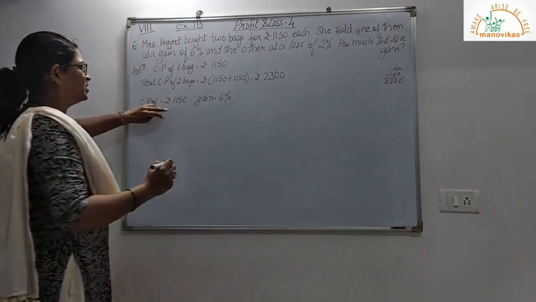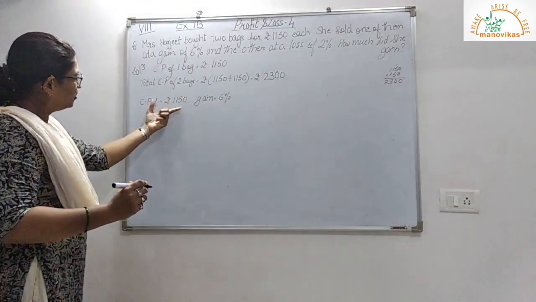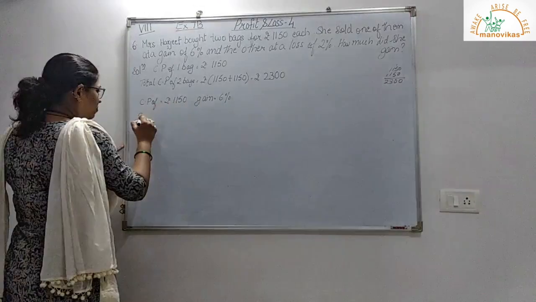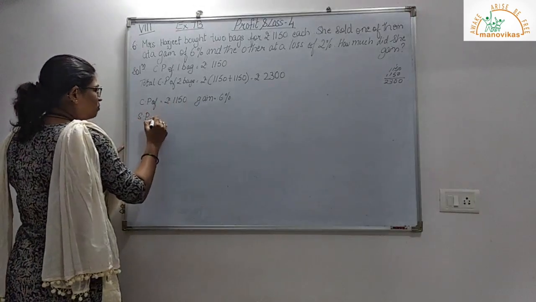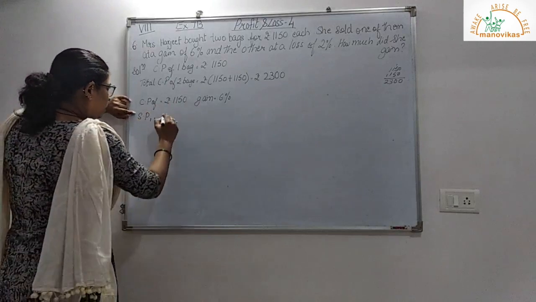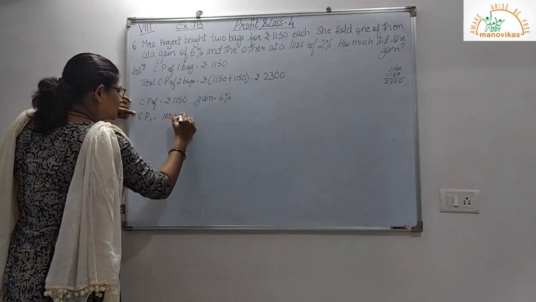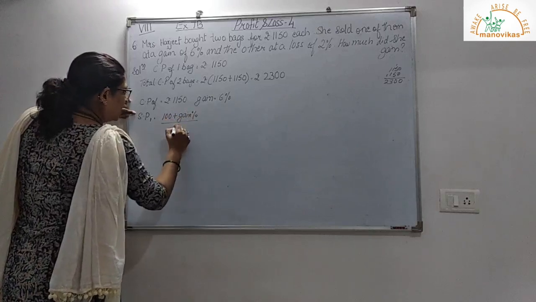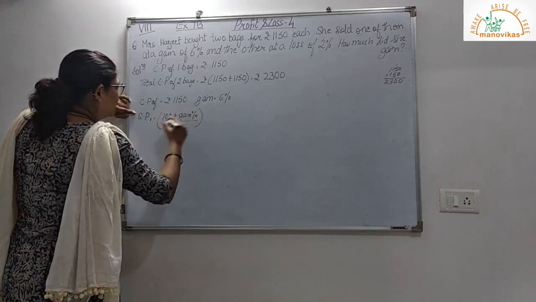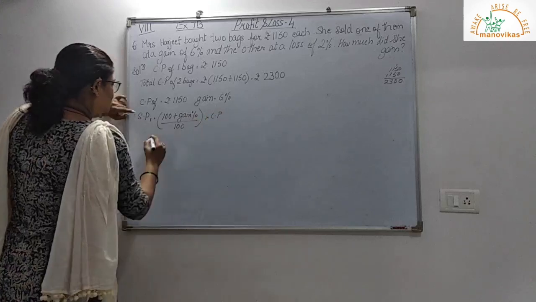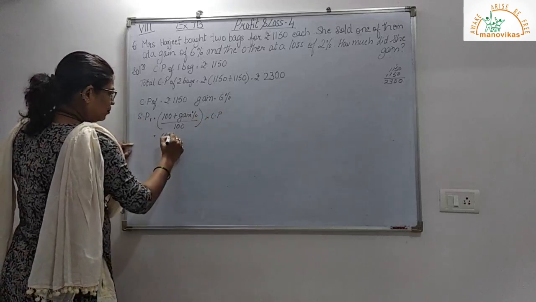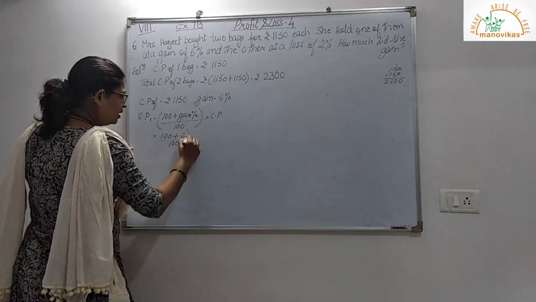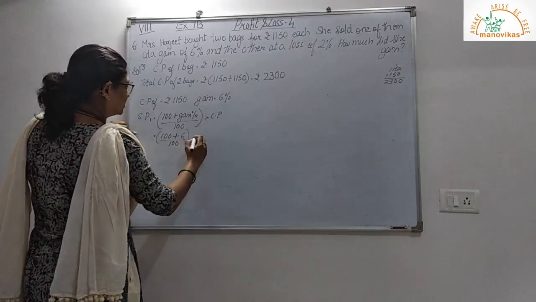We can find out the selling price now, because we have the cost price and the gain percentage. So selling price of the first bag will be equal to 100 plus gain percent divided by 100 into the cost price.